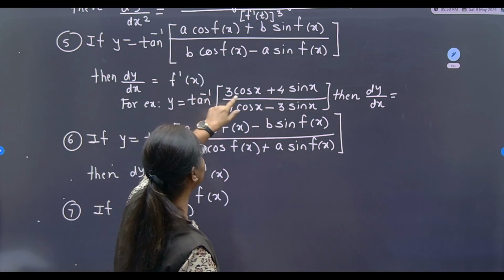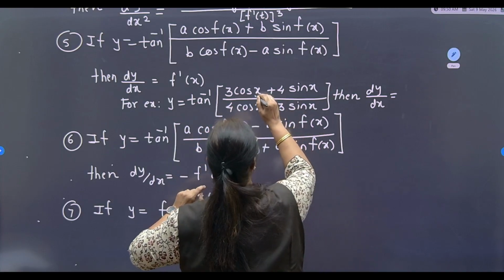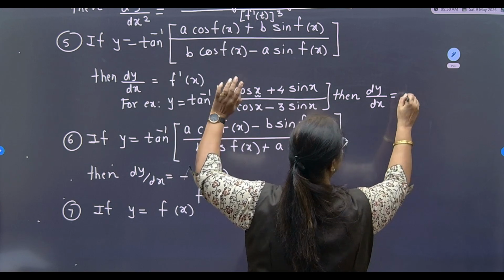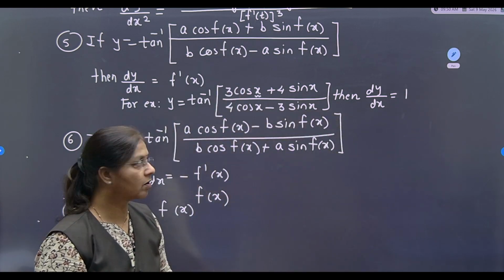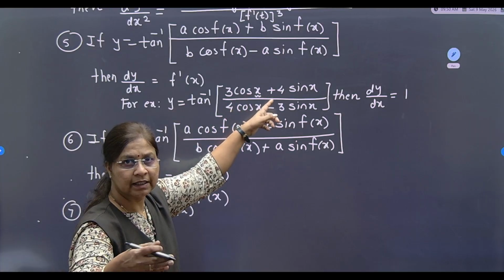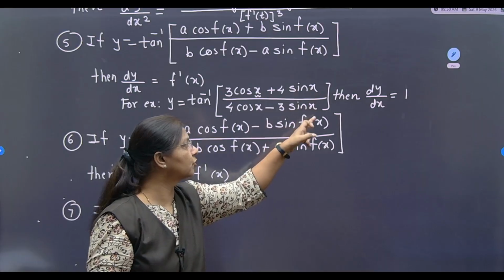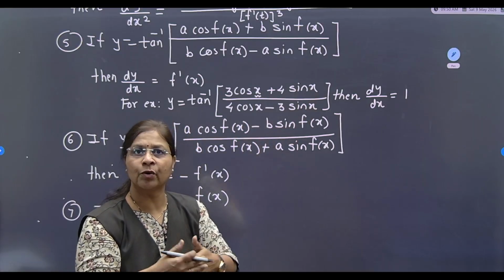Suppose cos(log x) is given, then the derivative of log x is 1/x. Suppose e^x is given, then the derivative of e^x is e^x.